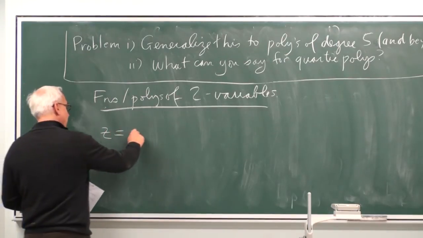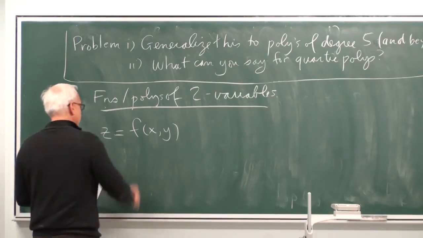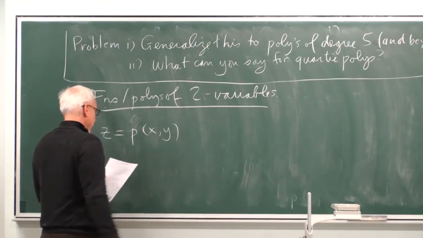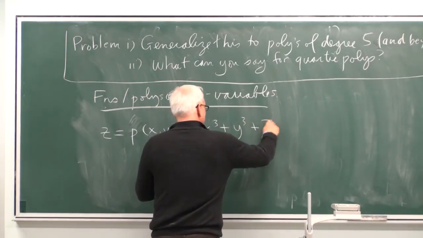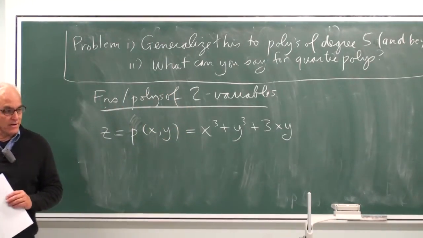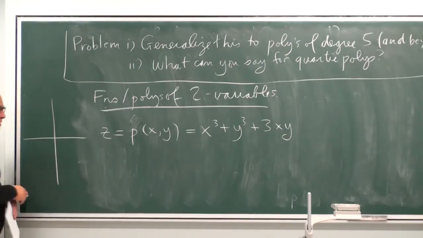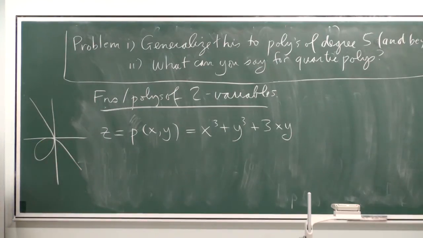So I'm interested in this following function or polynomial of two variables. Maybe I should call it p also, because it's still a polynomial. It's going to be x cubed plus y cubed plus 3xy. Now I hope that sounds a little bit familiar. I hope you remember that if we set that equal to 0, we get the folium of Descartes.